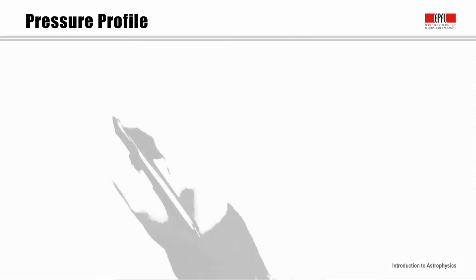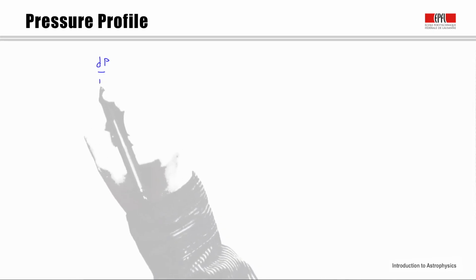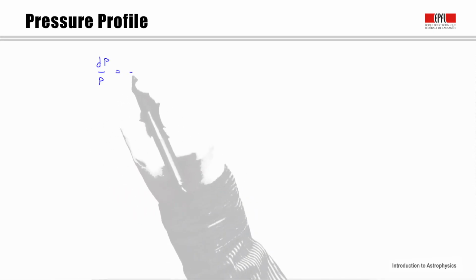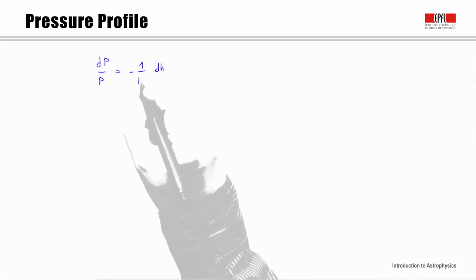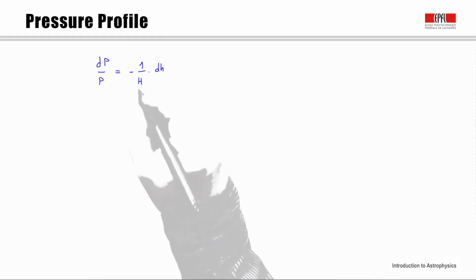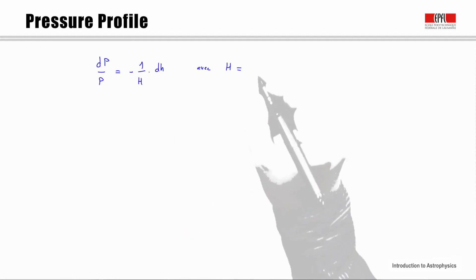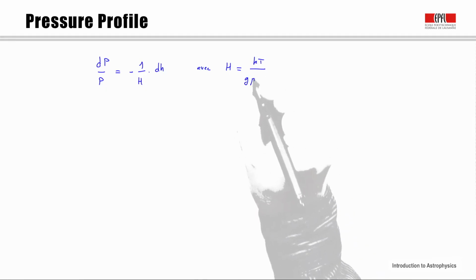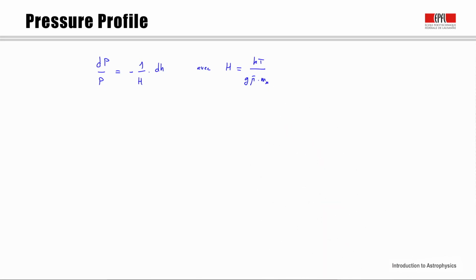Let us rewrite once again the equation of hydrostatic equilibrium in a slightly different manner. We still have dP divided by P and a term dh we had previously. We had a term which was the inverse of a length here, so we write 1 divided by H, with H equal to kT divided by g mu. This equation is now very easy to solve.